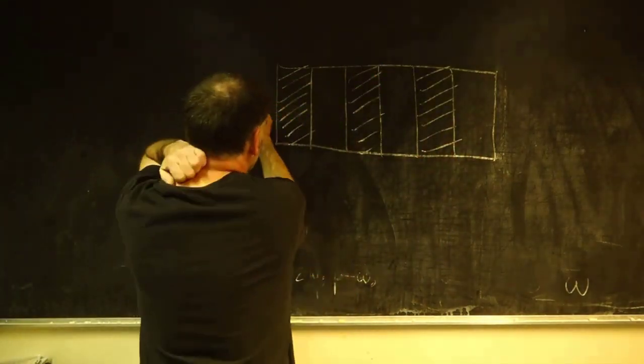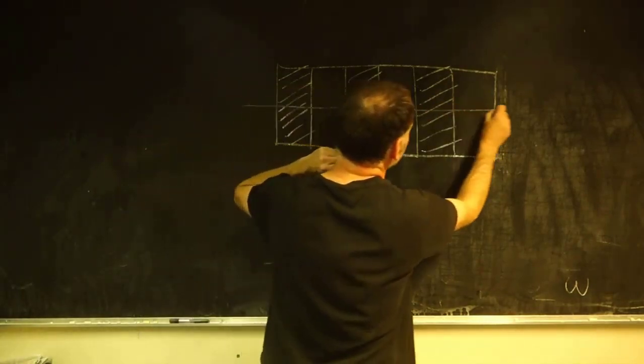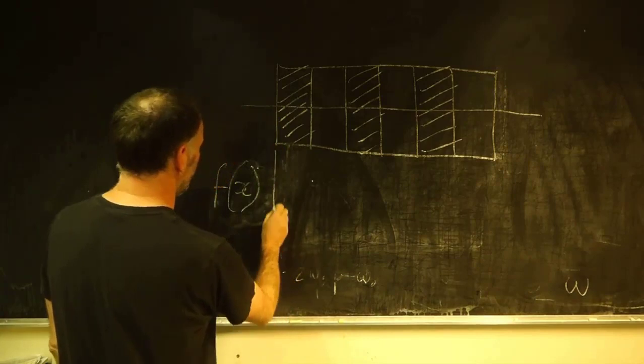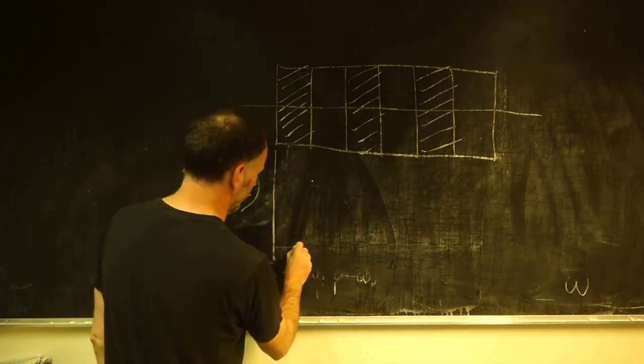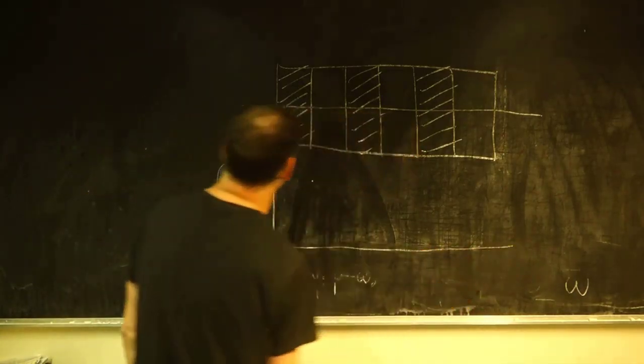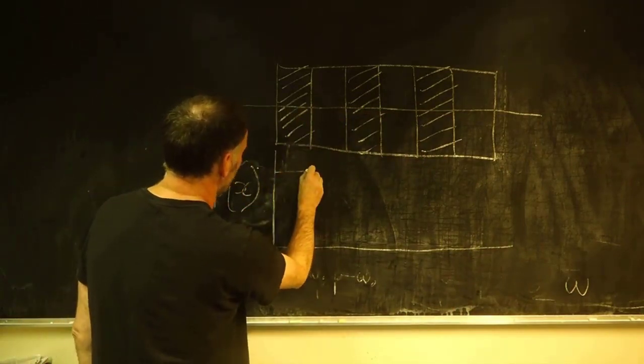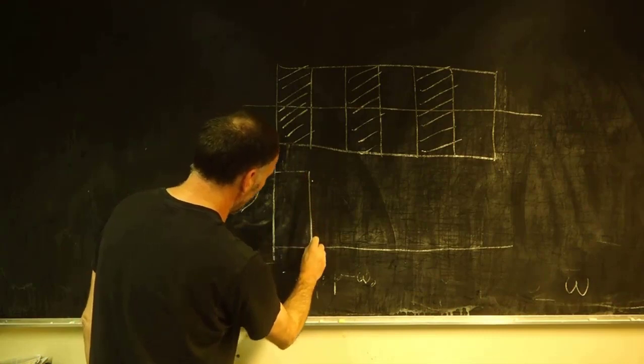So let's do something straightforward and just take a line section through this. So we have a function that varies. Let's just put our axis down there. We have a function that varies between a high value in terms of brightness, let's say that way, and a low value.